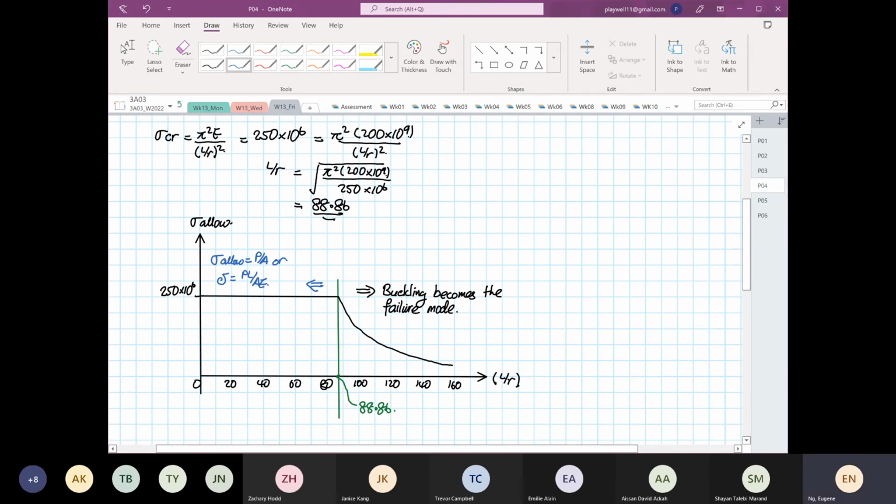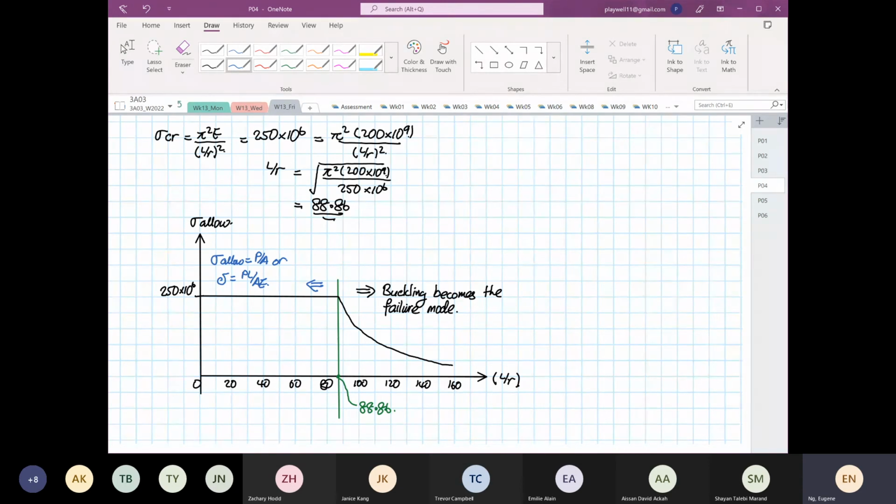Why PL over AE? Because all this is still under axial loading consideration. So sometimes when you do analysis, you know the length of your beam, you know the cross-section you're going to use, you know the radius of gyration you can get.